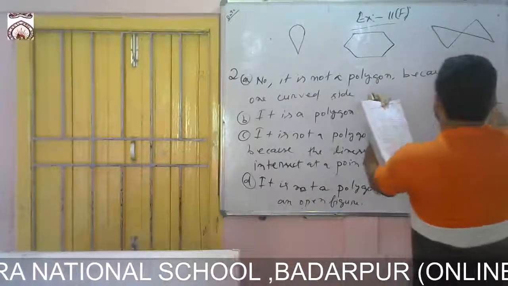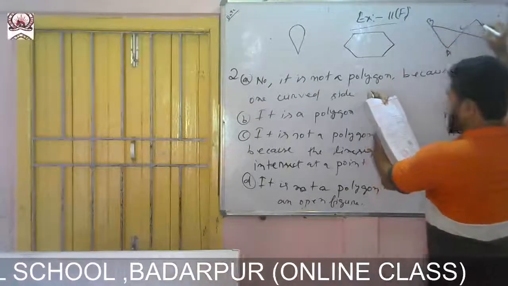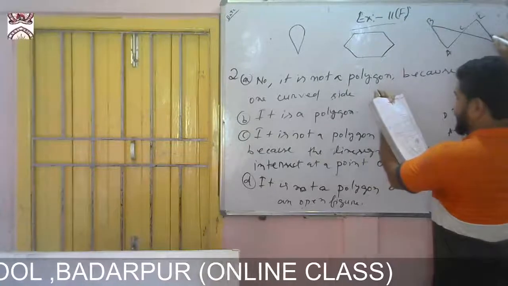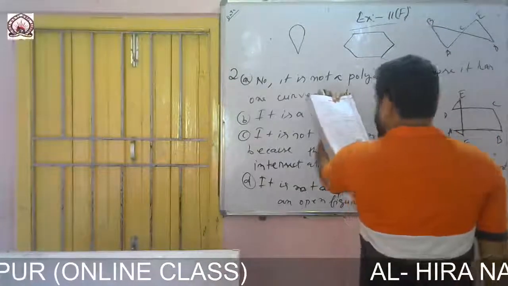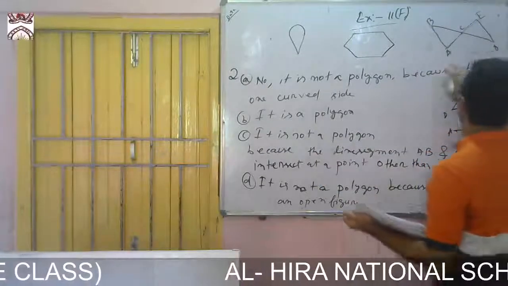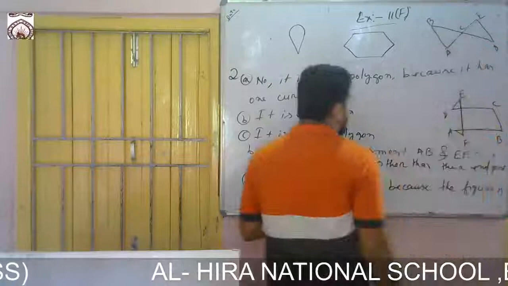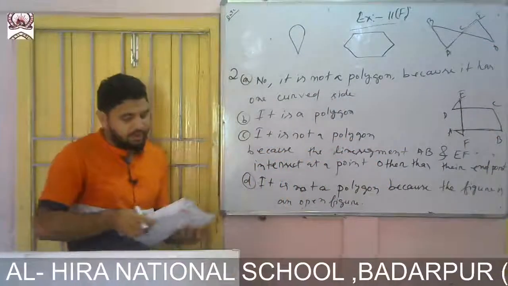The figure is somehow like this: A, B, C, E and D. In this case, AE is meeting at C and BD is meeting at D. So it is not a polygon.